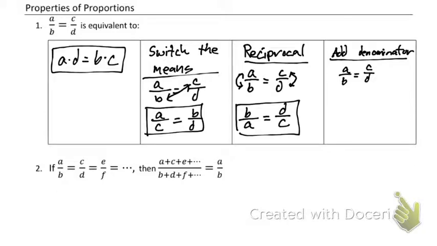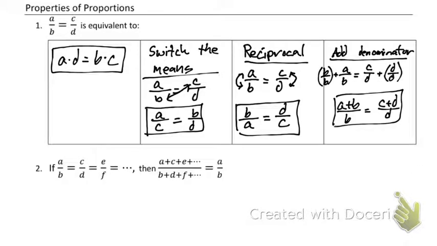To keep it balanced, you have to add 1, kind of. On one side we can add B over B, as long as on the other side we add D over D. Then everything stays balanced because I added 1 to both sides. And we'll have something that looks like A plus B over B equals C plus D over D, and everything is still balanced.